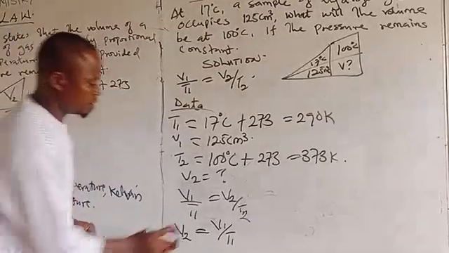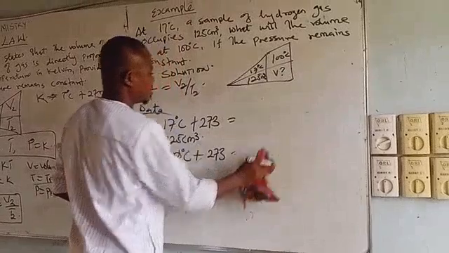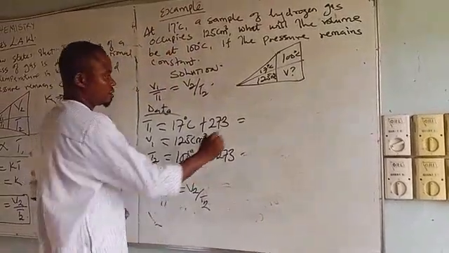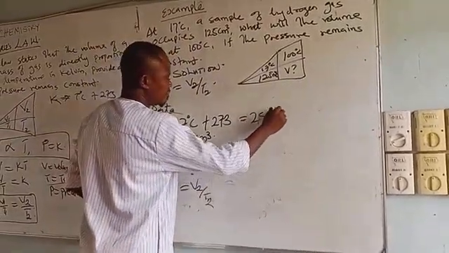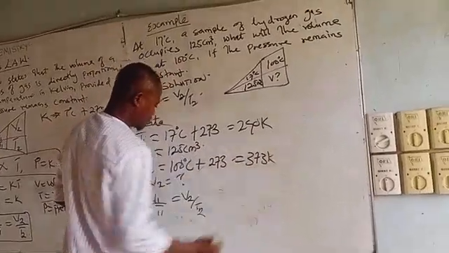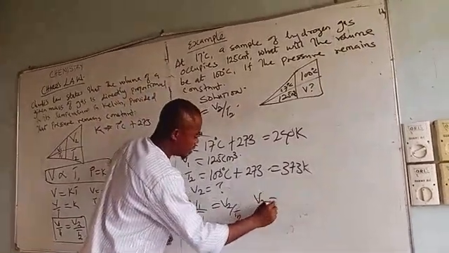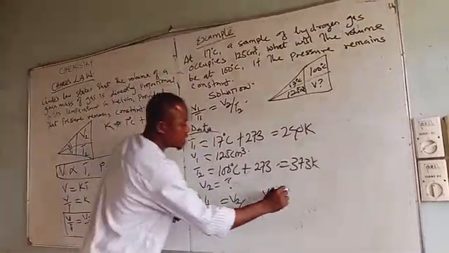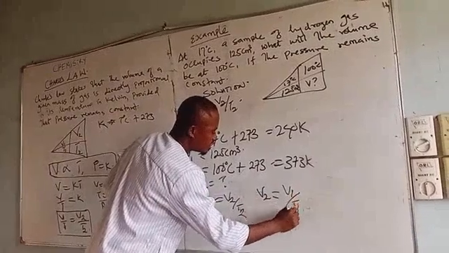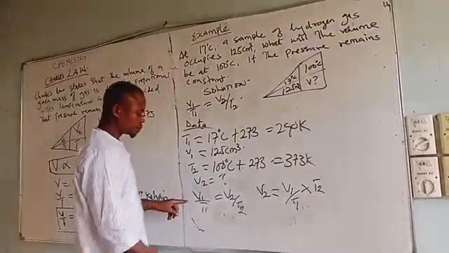Let's move to the other side. Well, let me just clean this side. Okay, this is 290 Kelvin, 373 Kelvin. So from here, we'll make V2 the subject of the formula. We'll have V2 will be equal to, take this to this side, V1 over T1 multiplied by T2.